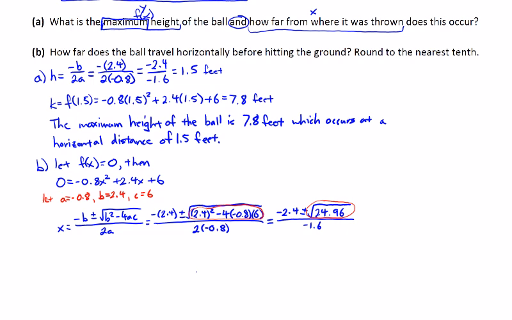When you take the square root of 24.96, you should find that your answer is really close to 5. It's 4.99 something. It's very, very close to 5. And so I'm going to replace my equal sign with an approximation sign and call it negative 2.4 plus or minus 5, all divided by negative 1.6.